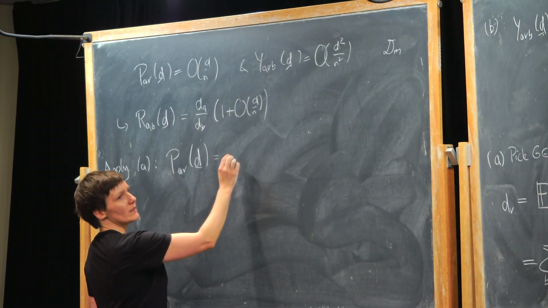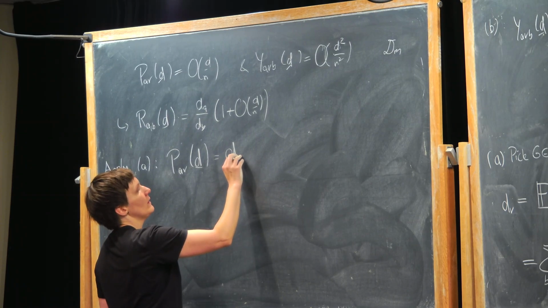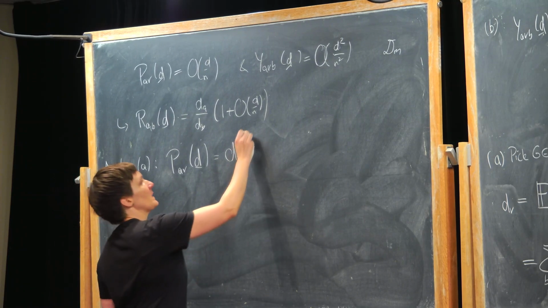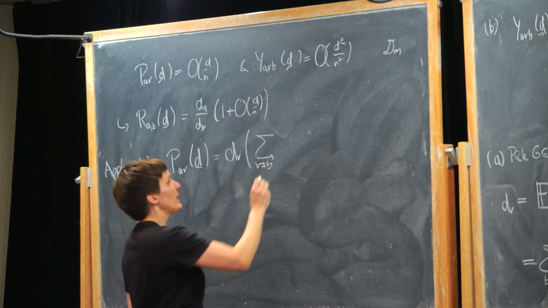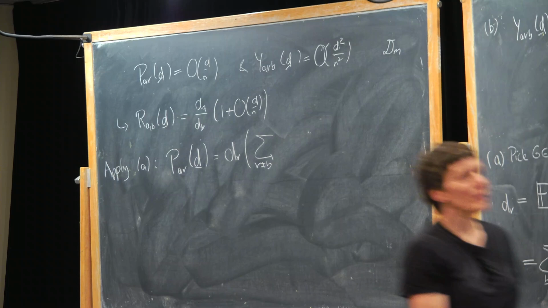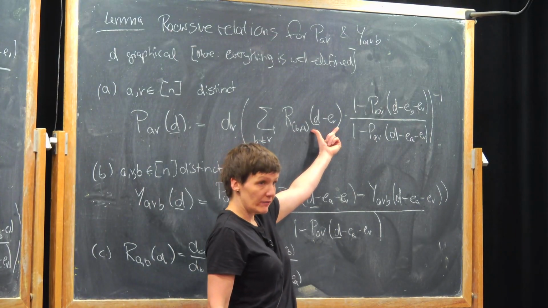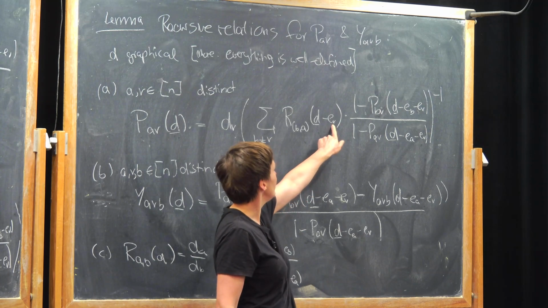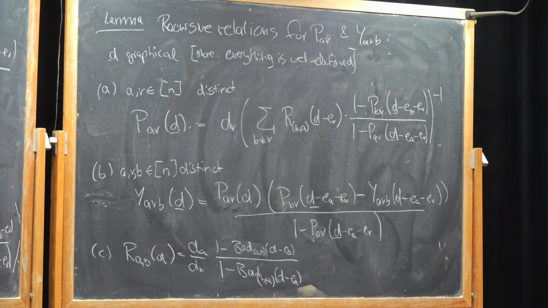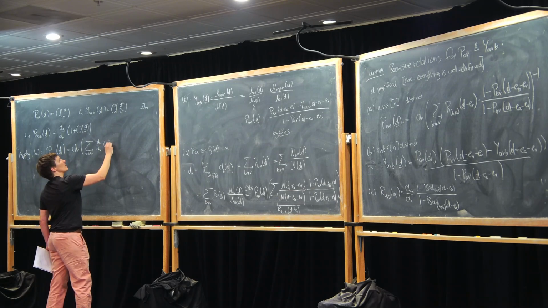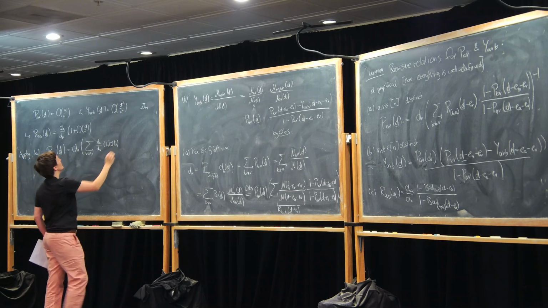What you get is that this is dV times the sum over all V not equal to B of the ratio of BA in the sequence D minus EV. That minus EV doesn't change anything about B or A, but I have to be careful with which way around. So that's dB over dA times 1 plus big O of D over N.